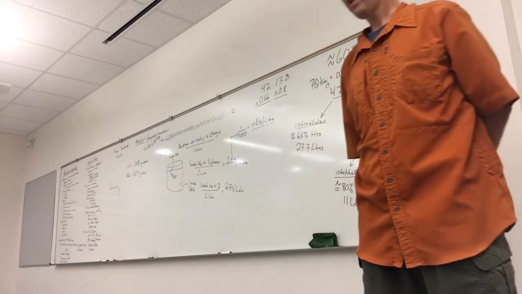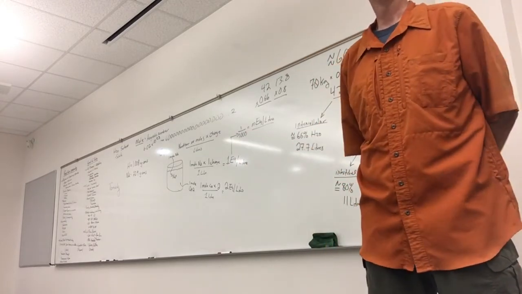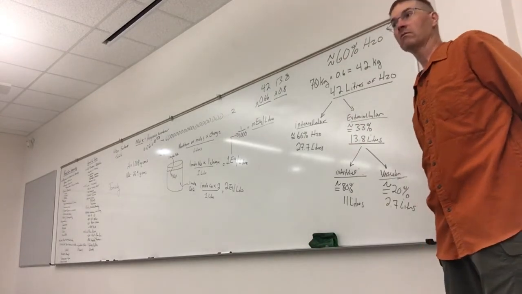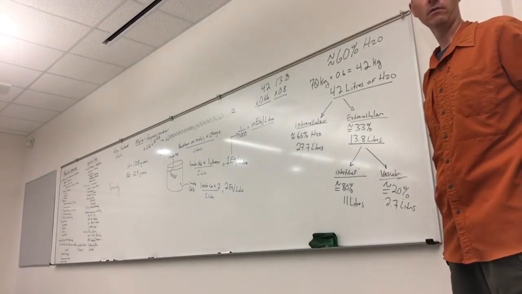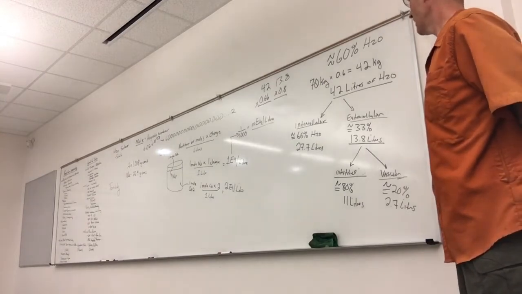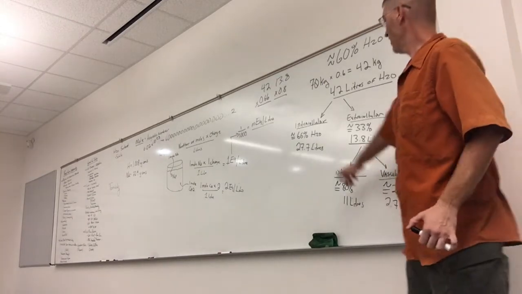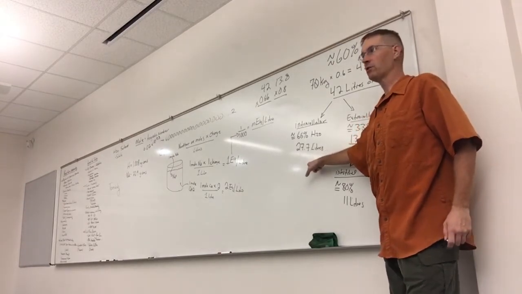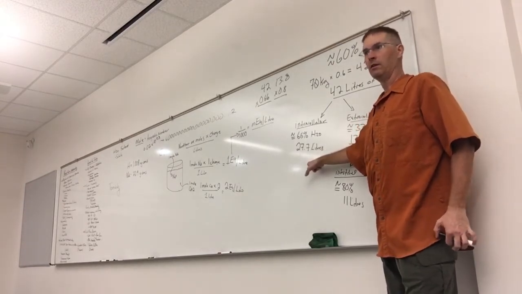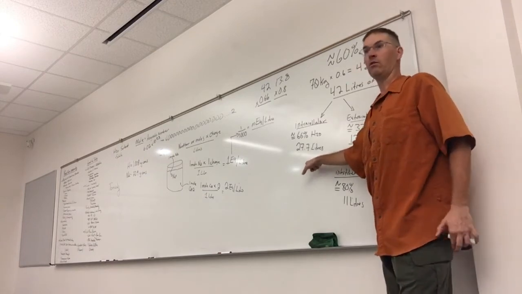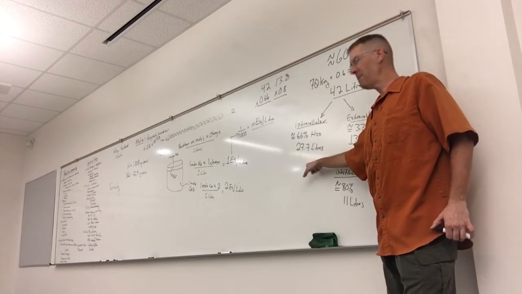However, as we're going to talk about today, isotonic solutions may not be the best choice in all cases. Because let's say my problem is I need to get water into the cells. I have intracellular dehydration. Well, are isotonic solutions necessarily going to fix that? Not necessarily.